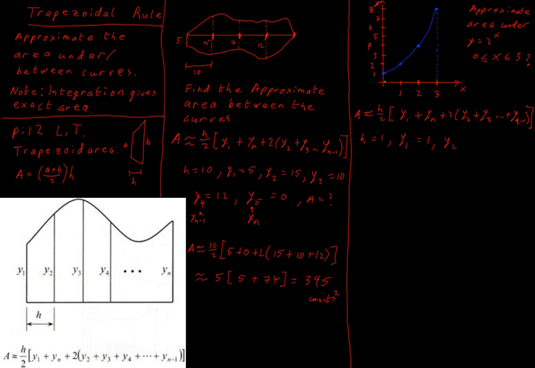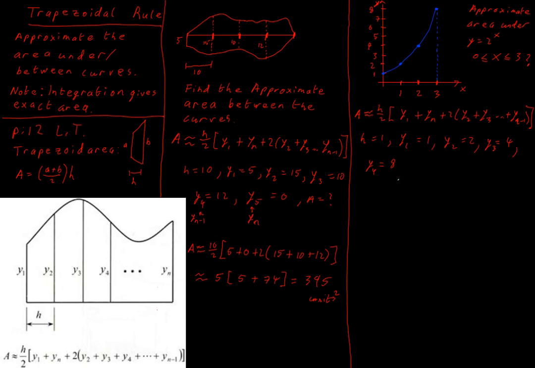So we have y1 is 1, y2, our second height, is going to be 2, y3 I should say, is going to be 4, and y4 is going to be 8.